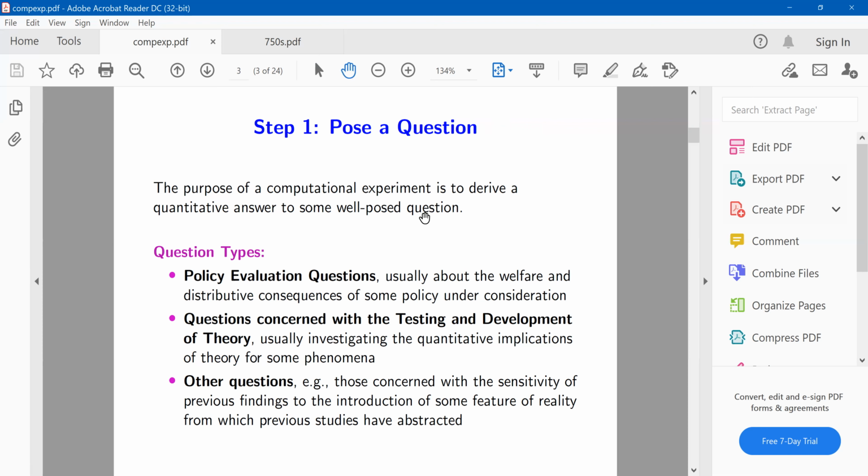Sometimes you have a model. That model could be extended with other stuff, and you may want to see what the effects are if you extend the model in one particular way or another. What are the results? What are the consequences of some changes in the fundamentals of the model?